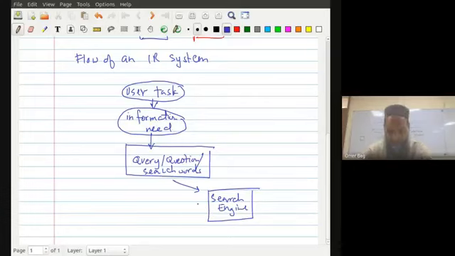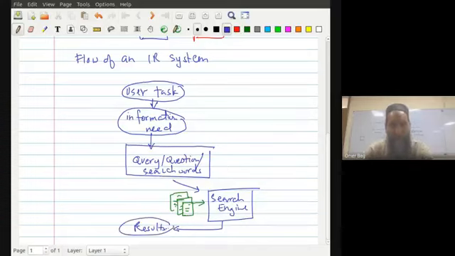This search engine, on the other hand, has been inherently fed with a huge number of documents. In the case of Google, it would be a general crawl of the entire web. Then this search engine would output a set of results, which might be web links.